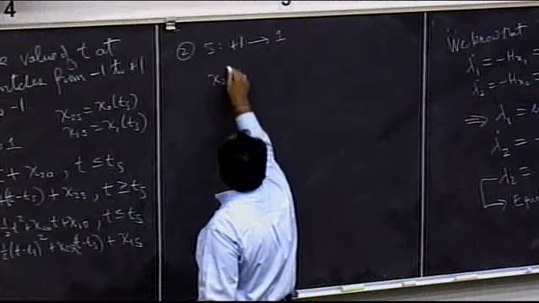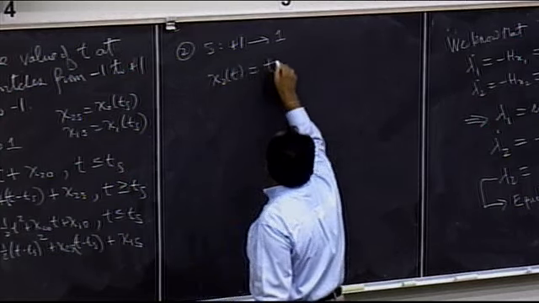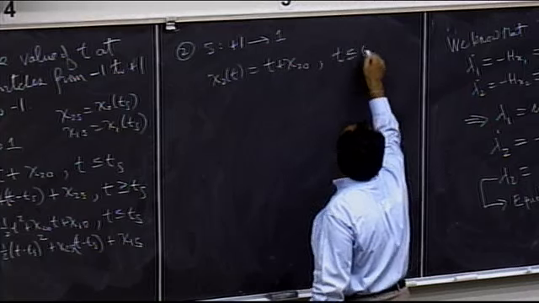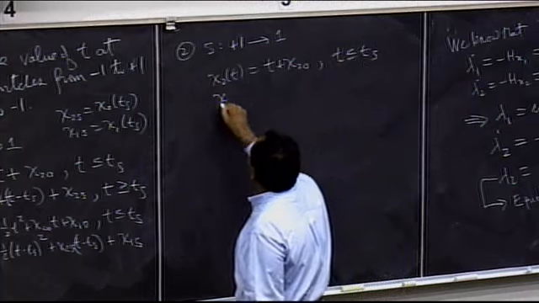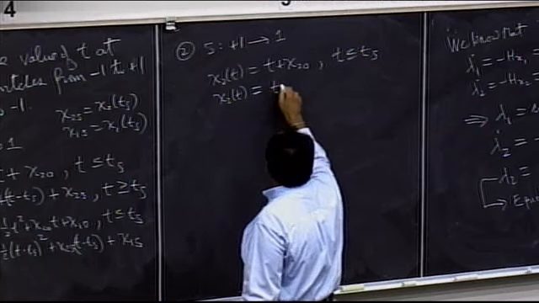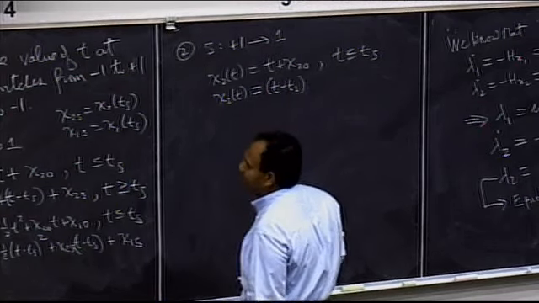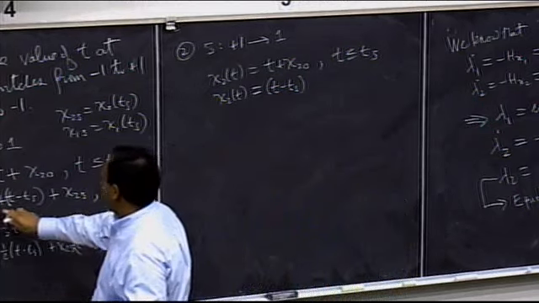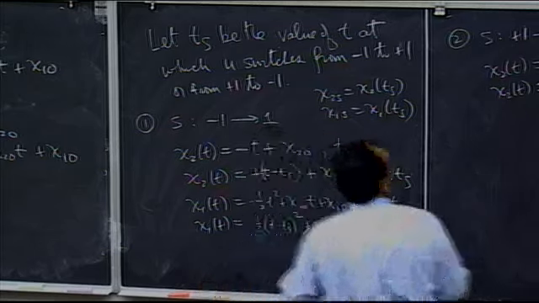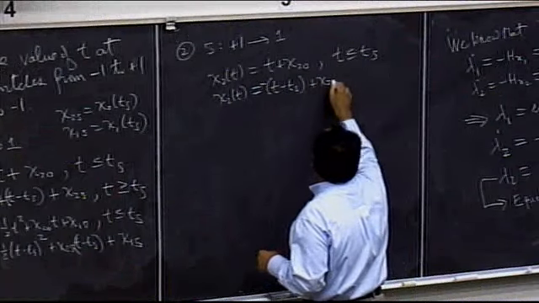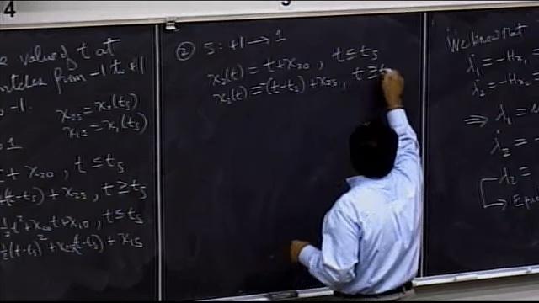You're going to get x2 of t equal to t plus x20 for t less than or equal to ts, and x2 of t equal to minus t minus ts plus x2s for t greater than or equal to ts.